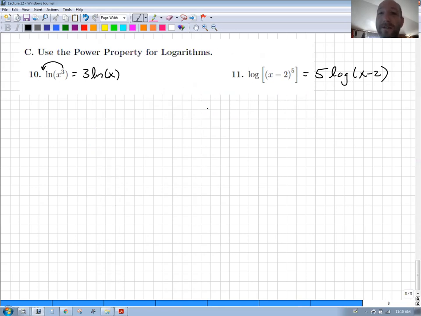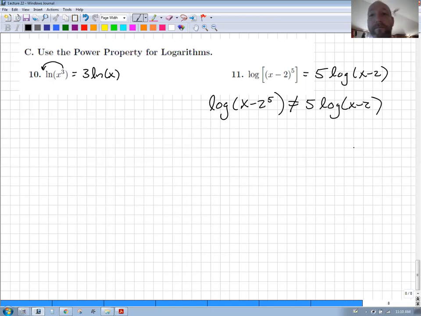Now what you can't do, what if I had this? All right. Since the whole thing isn't to the power of 5, only the 2 is, this is not this. Okay. The whole thing has to be to the 5th power.